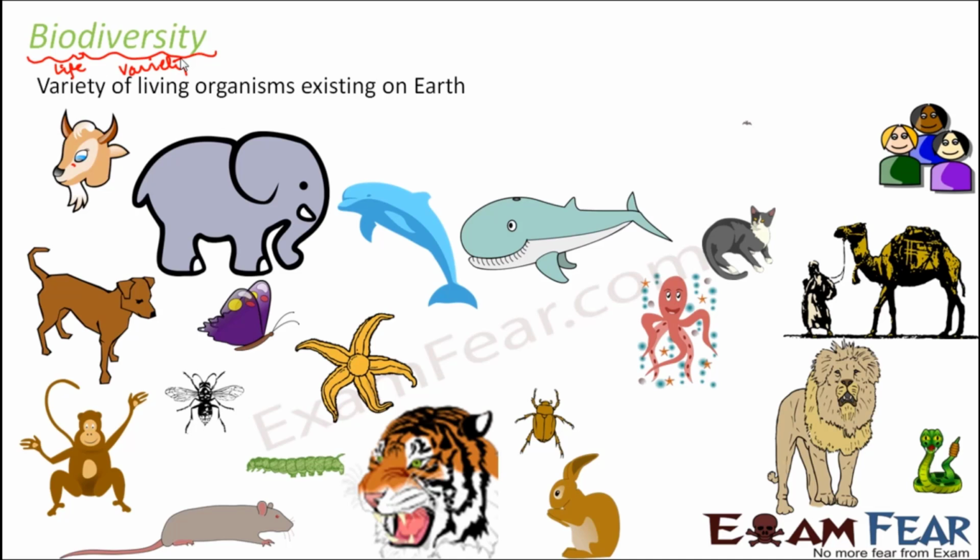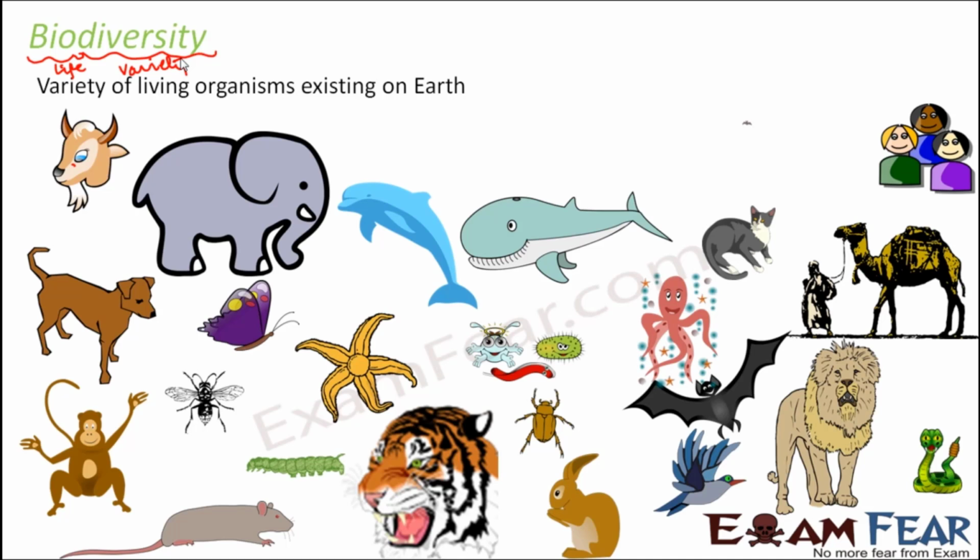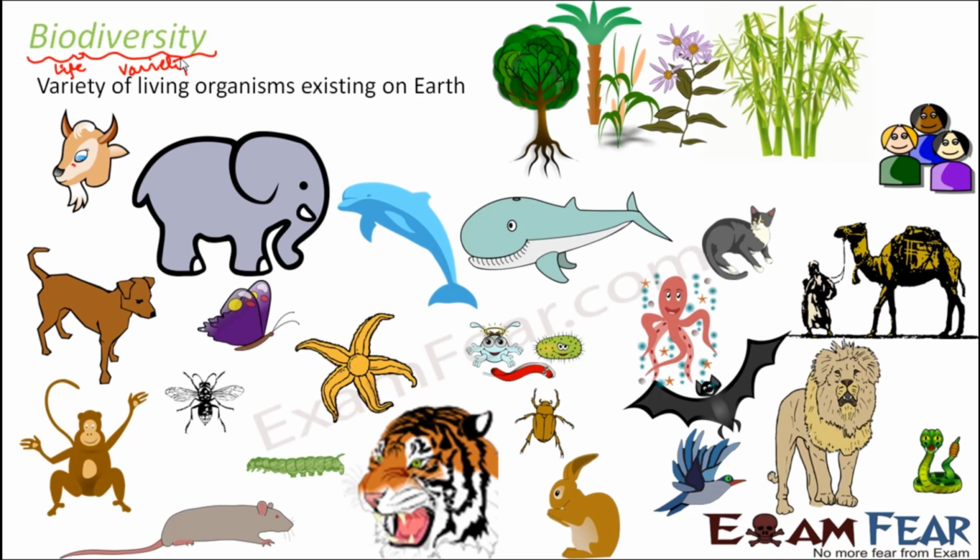So there are many aquatic life forms also. You also have extremely tiny microorganisms like bacteria and fungi, which are not visible to our naked eye. And finally, a huge variety of plants, with so many flowering plants and non-flowering plants. Some of them are very short in height, some are huge trees.